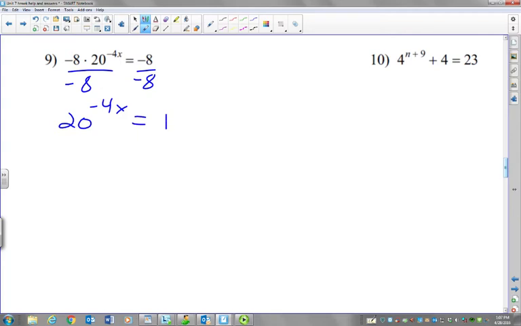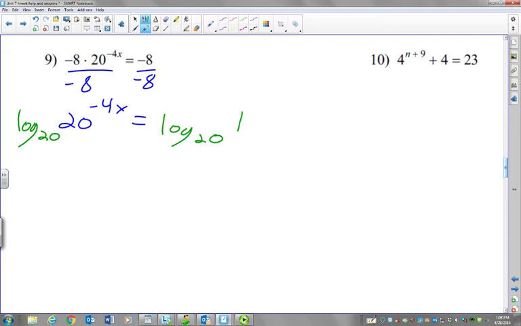So in order to get access to that x, we are going to have to log base 20, that base 20. So we'll go log base 20, there you go. If you do it to one side, you also have to do it to the other side, like that.